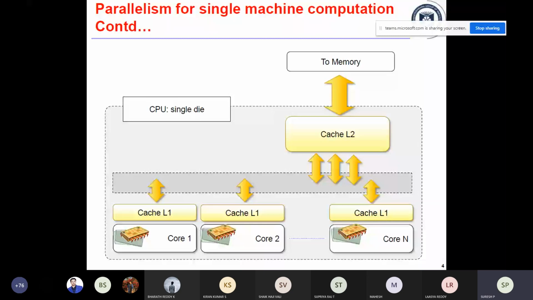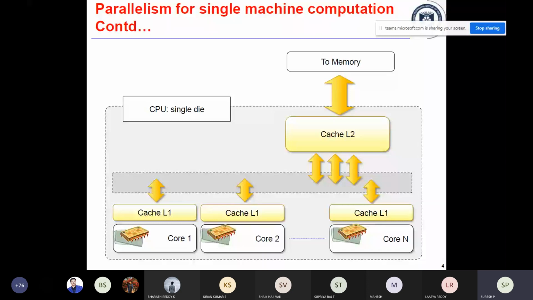Let's see how frequency and time are related. Time is nothing but the inverse of frequency: t = 1/f. So t = 1/(2.4 x 10^9), which is about 0.42 x 10^-9, roughly 0.5 nanoseconds. That 0.5 nanoseconds implies that each instruction takes about 0.5 nanoseconds to execute.